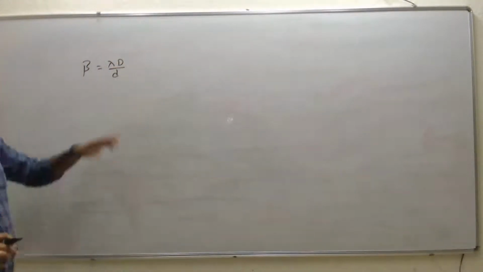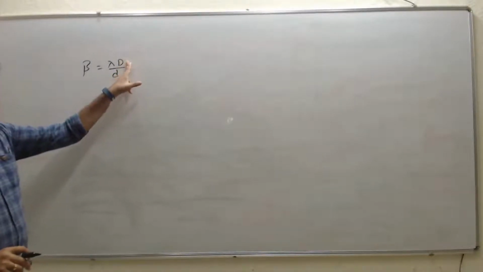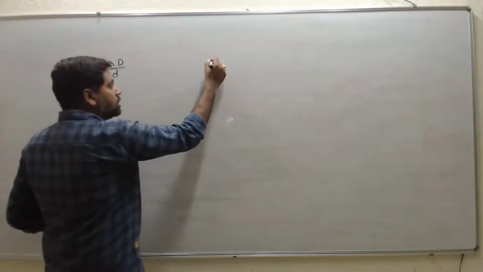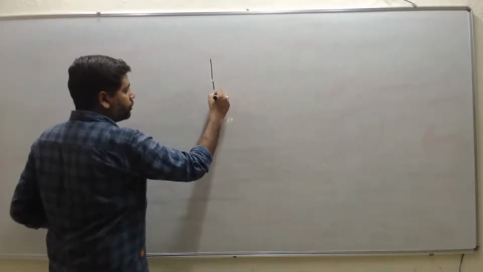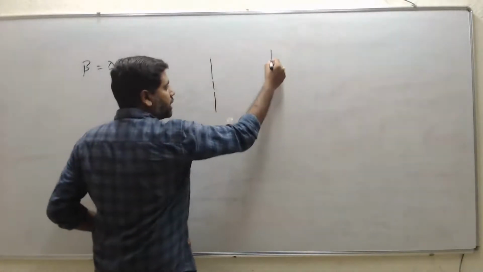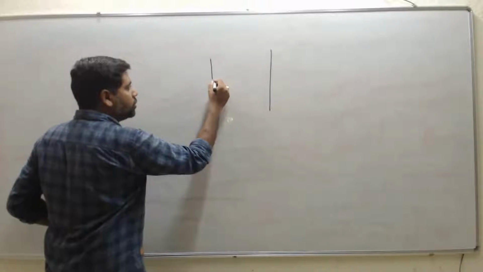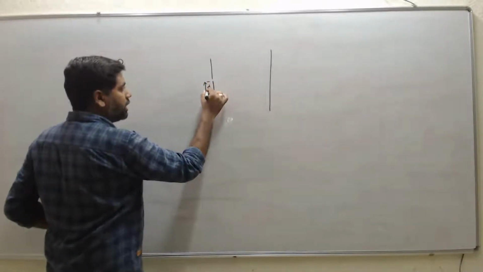Here we have two d's. One is capital D and another one is small d. So capital D represents what? The distance between the slit and the screen. So here we have this one is the slit, secondary slit, and this one is the screen. So this distance is what? That is small d, right?